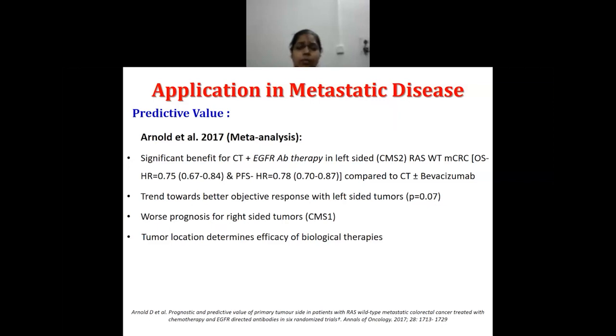There was a better trend towards objective response with CMS2, however not significant. They also showed that worse prognosis was seen for CMS1, which is the right-sided tumor. According to their result, they concluded that tumor location determines the efficacy of biological therapies.